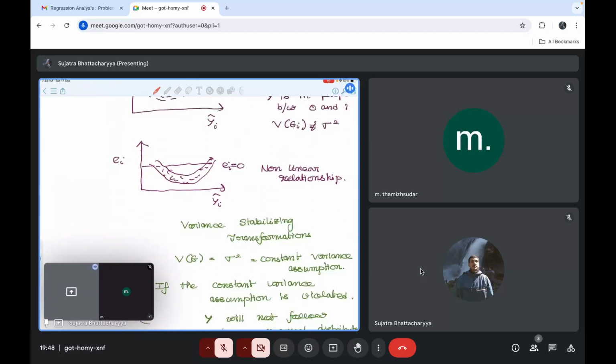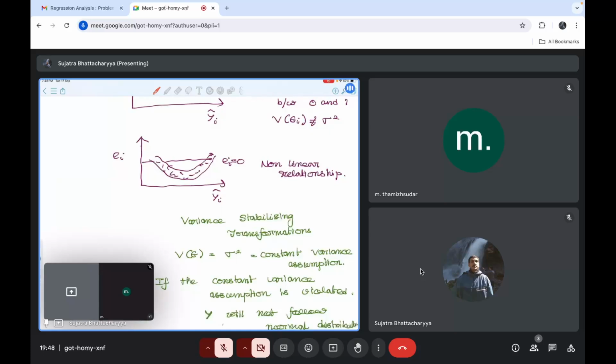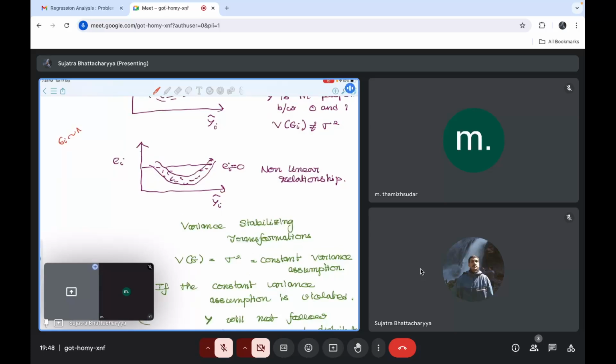So this everything is based on, we have always assumed that epsilon I is a normal distribution with 0 and sigma square. But sometimes what happens is that based on our data, we find that this assumption is not valid. That is, variance of epsilon I is not equal to sigma square.